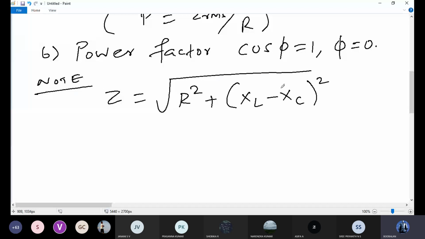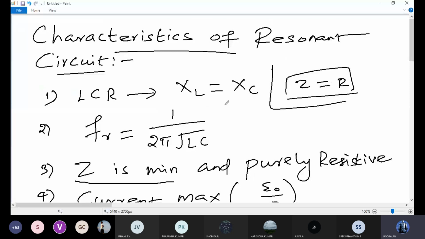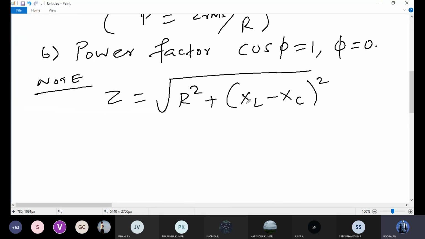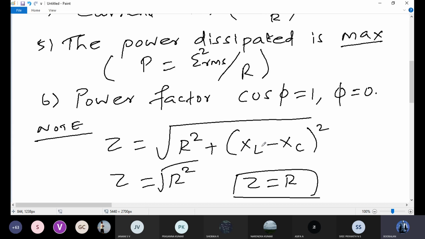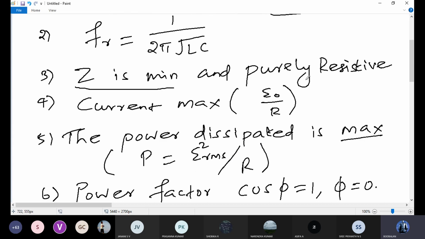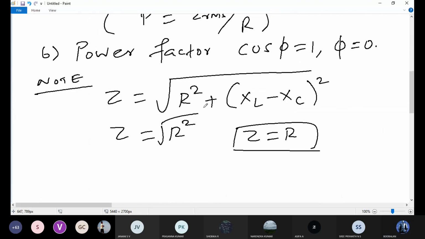So what is the condition here? XL and XC both are equal, so the difference is 0. So you will get Z equal to root of R square, so root and square cancel, meaning Z equal to R. So Z is minimum in a purely resistive circuit. Impedance value minimum, that is a purely resistive circuit.